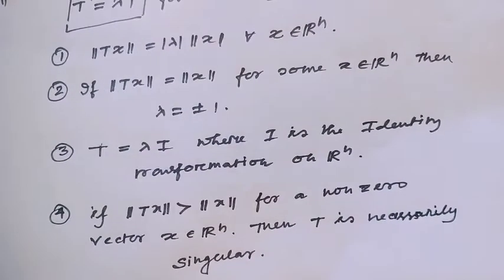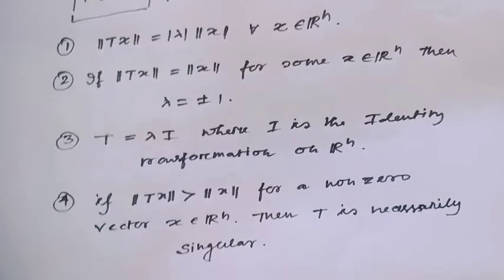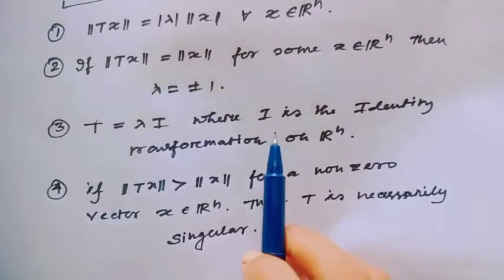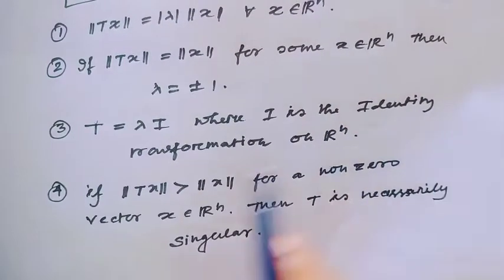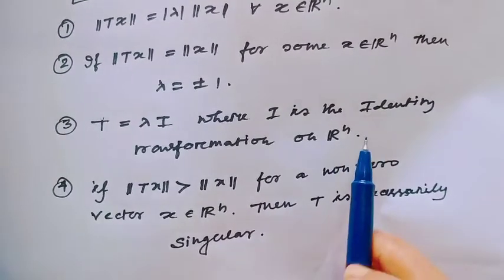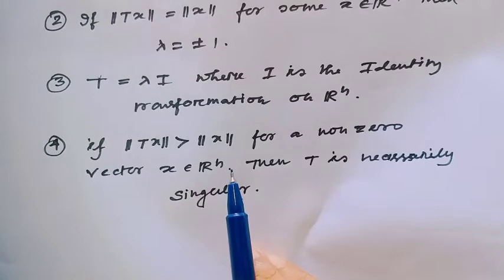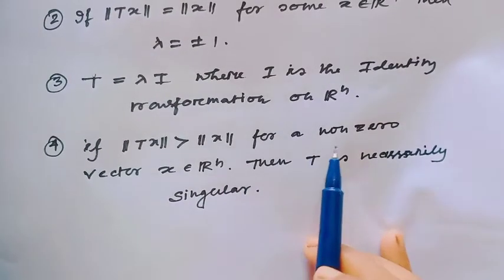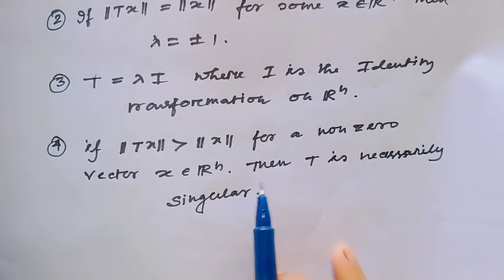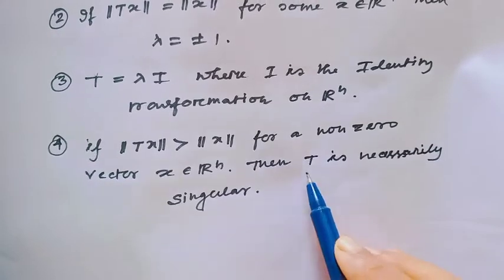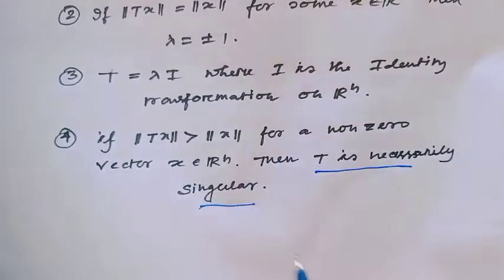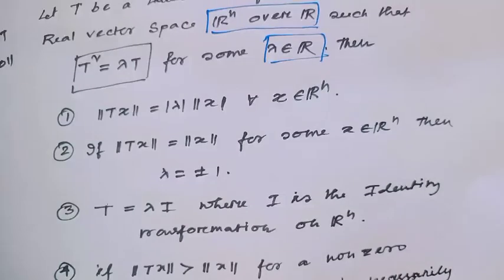Option 3: T equal to lambda I, where I is the identity transformation on Rn. And option 4: if norm Tx greater than norm x for a non-zero vector x in Rn, then the transformation T is necessarily singular. This is a very easy question.